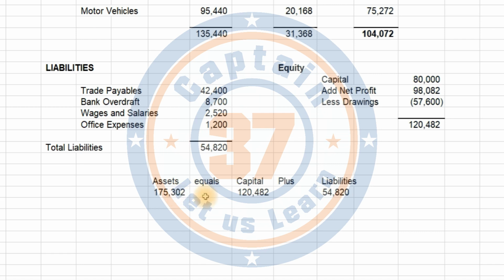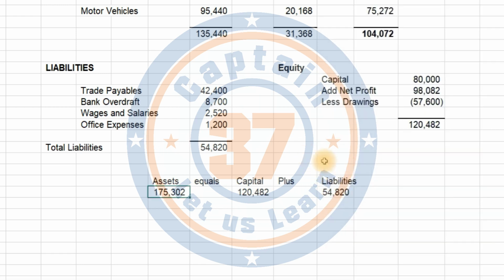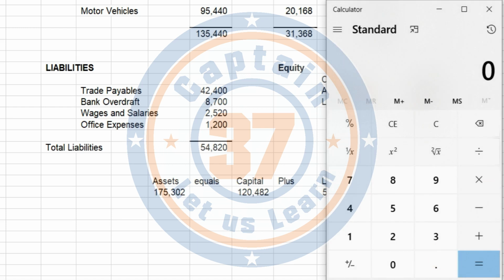Now when we add this plus this, does it give us this? And so let's get our calculator. The number that is here is 54,820.